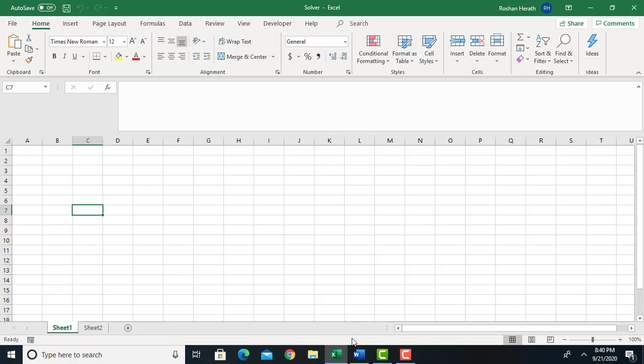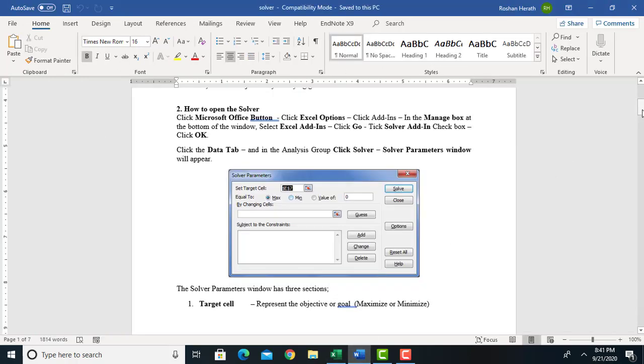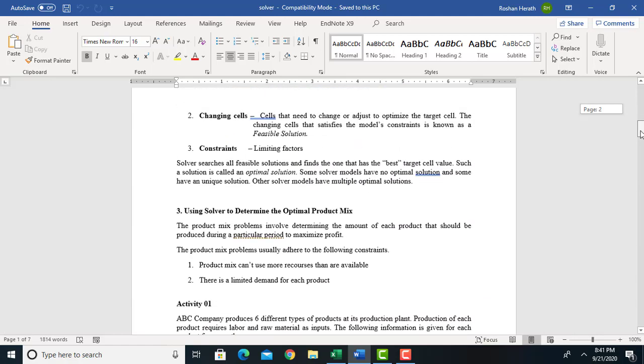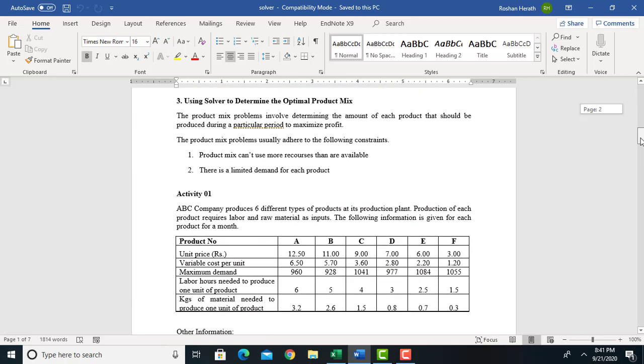Now let's see how you can make use of this particular tool. In order to learn that, let me put it into a particular context, and with the application, we'll learn how to use this tool.